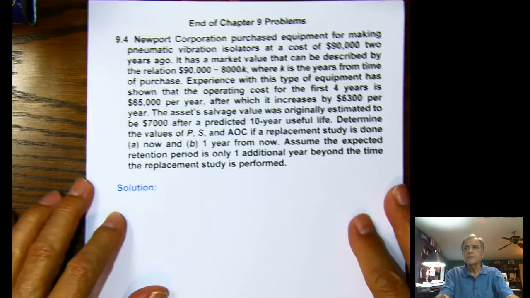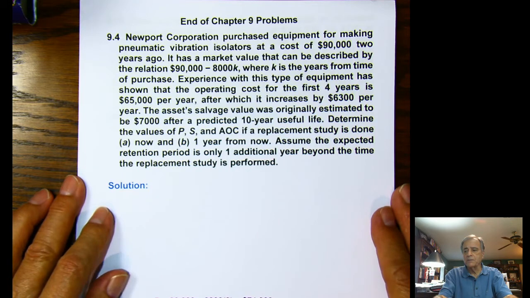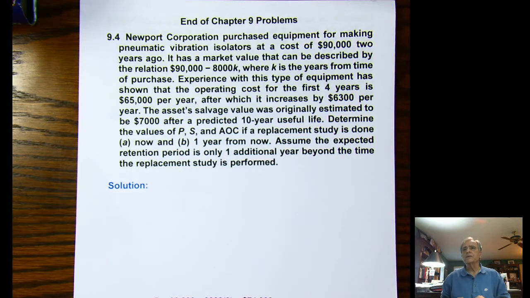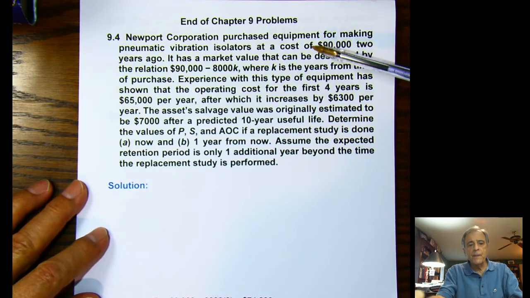The first problem states the following, and the problem is quite a bit longer than the answer, but we'll read through it and work through it as we read it, so to speak.